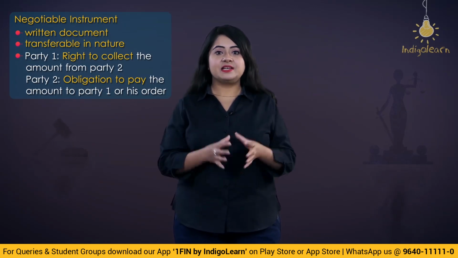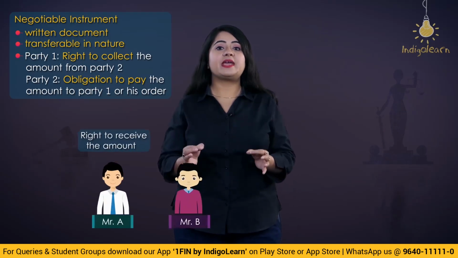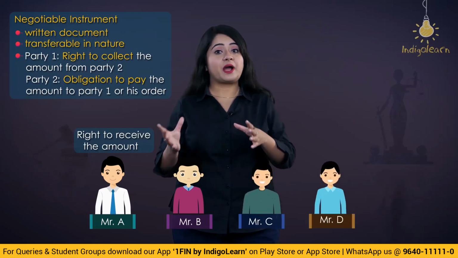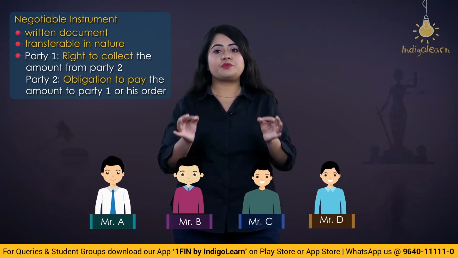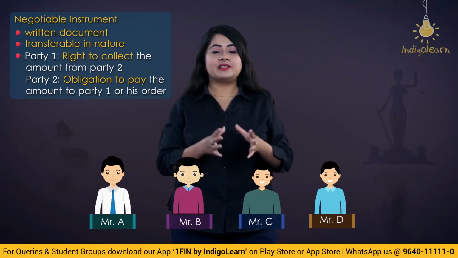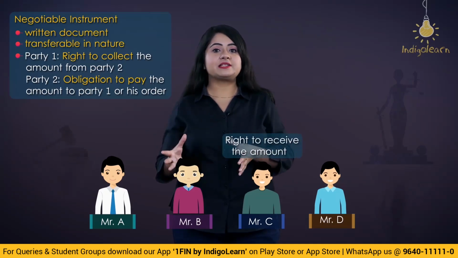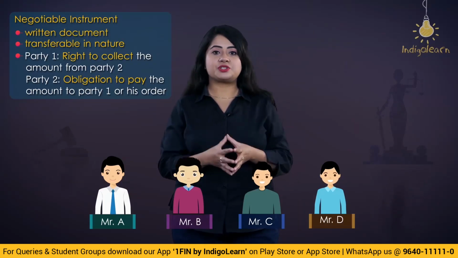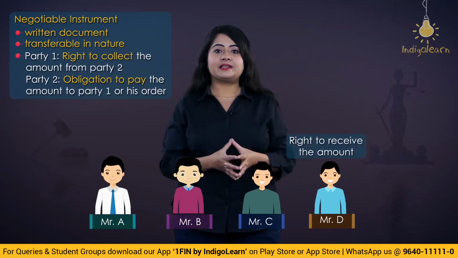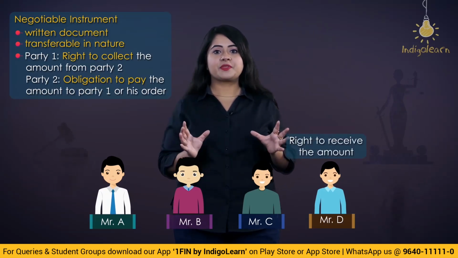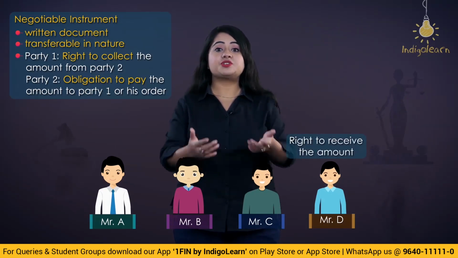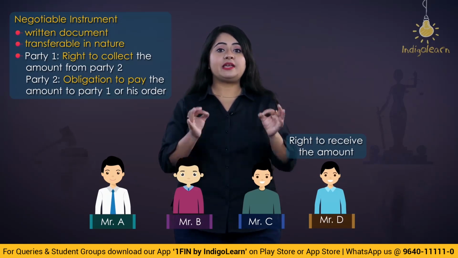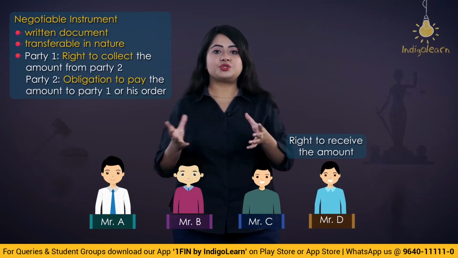As we discussed, initially the right was for Mr. A to collect this money from Mr. B. Later on, this right got passed on to another party, Mr. C, because this instrument was transferred by Mr. A to Mr. C. Accordingly, Mr. C had the right to collect this amount from Mr. B. Then Mr. C also endorsed it to another party, Mr. D. So accordingly, Mr. D had the right to collect this amount from Mr. B. So here we can see that this instrument can be transferred from one person to another. Similarly, the right to collect the money is also transferred from one person to another.